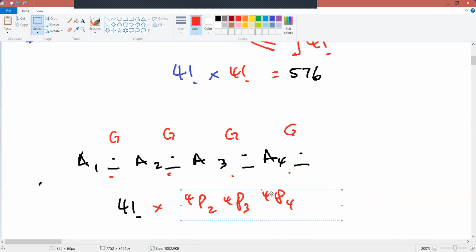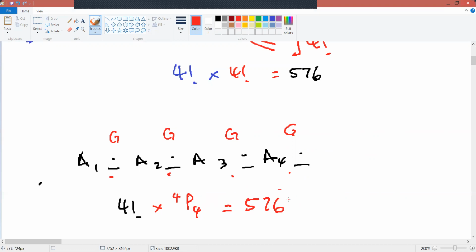So you have to use 4P4 here. That will give our answer. If you press the calculator and multiply by 4 factorial, I got the same thing, 576.